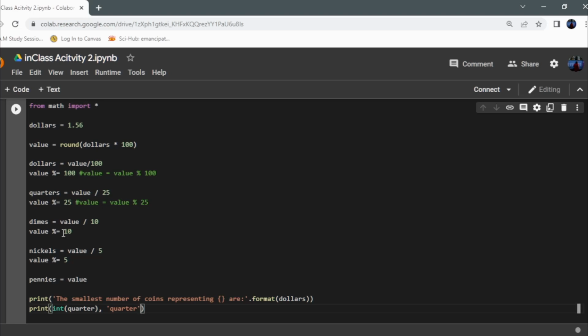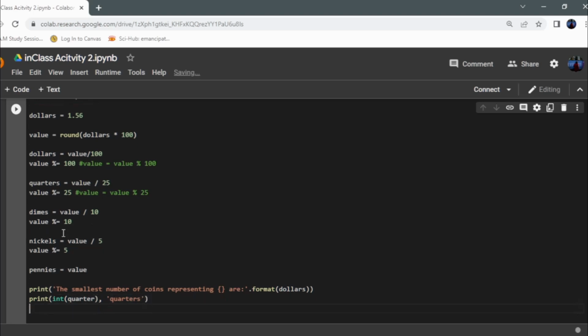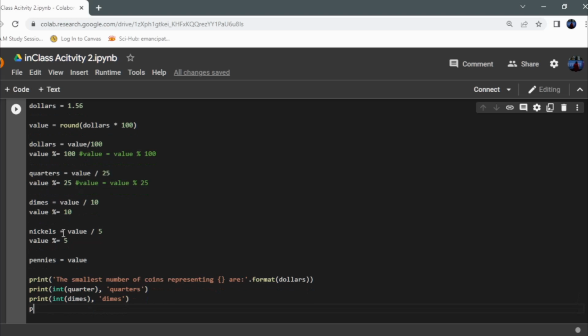Quarters, print and dimes, print and nickels, nickels.